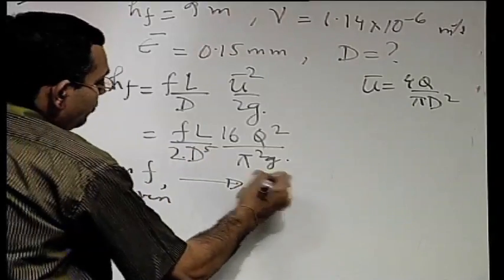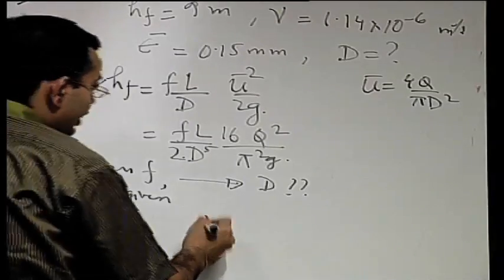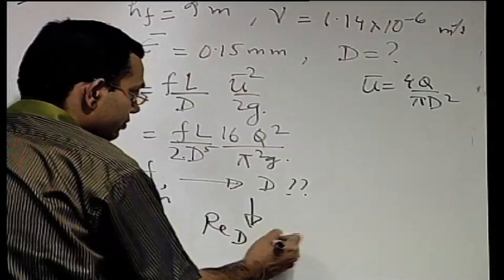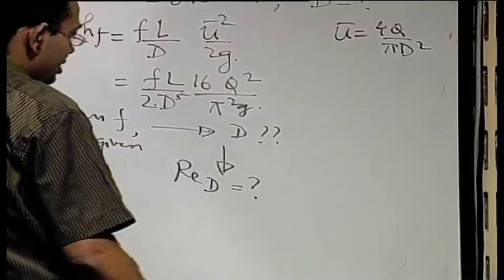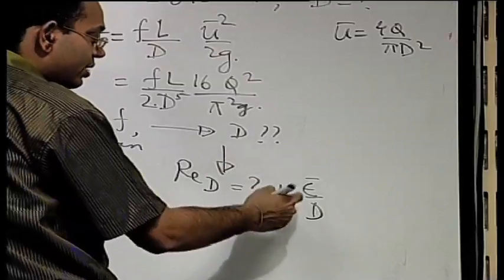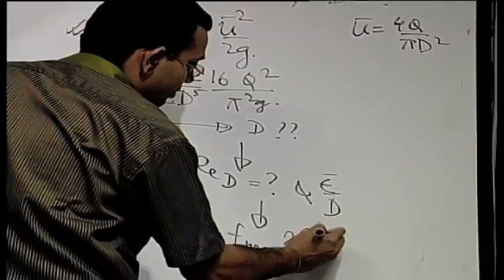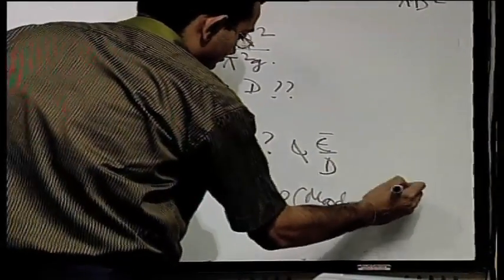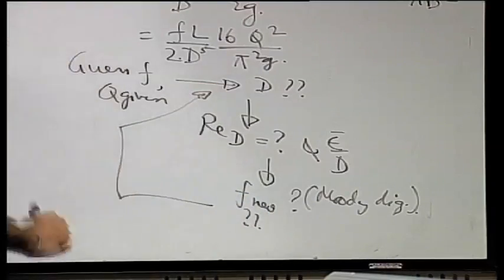So from there you can find out what is an estimate of D, but it should satisfy the relationship between f, epsilon by D and Reynolds number. So you have to calculate what is the Reynolds number based on this D, because you already know Q. So with this Reynolds number and epsilon by D, because you know now D, you find out what is the f from the Moody's diagram. And is it same as the guess f? If not, you again repeat this cycle.